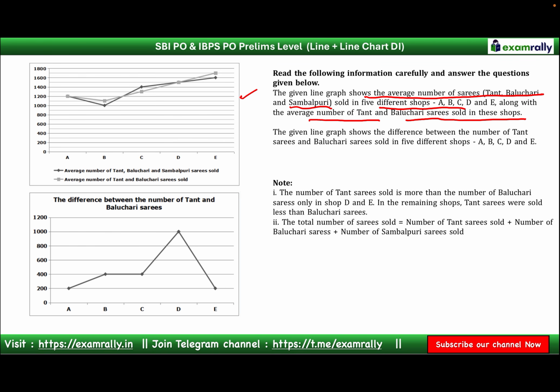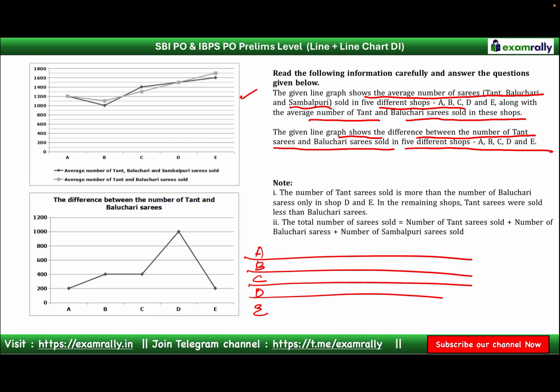That means in the first line graph itself they have given 2 averages, the average of all 3 and the average of 2. The line graph below shows the difference between the number of Tan sarees and Baluchari sarees sold in the 5 shops. So I'm going to consolidate this in tabular form, because it will be easier to find the data after extracting.